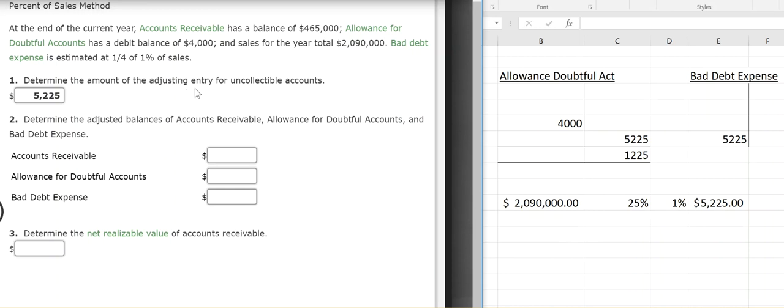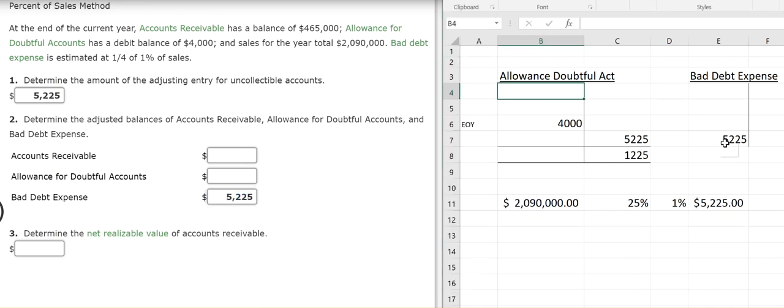So that's the amount of the adjusting entry where I increase the expense, credit the allowance. The next question, determine the adjusted balance of accounts receivable, allowance for doubtful accounts, and bad debt expense. Okay, so the bad debt expense will be 5,225. That will be the amount for the year, for December 31st.